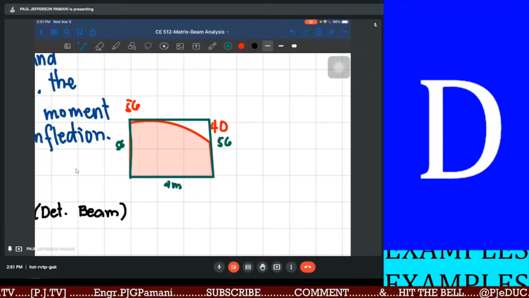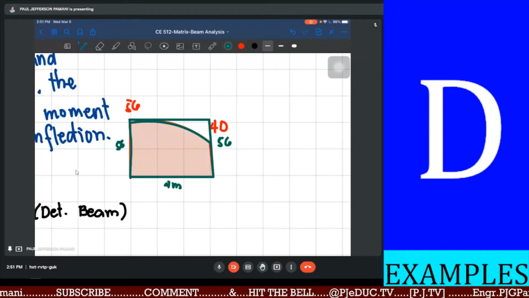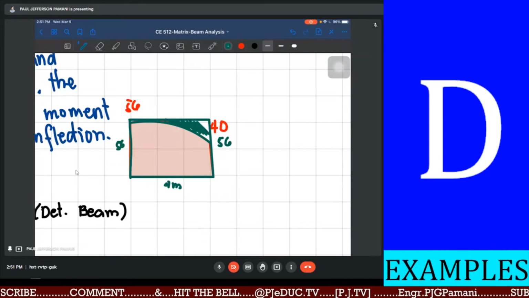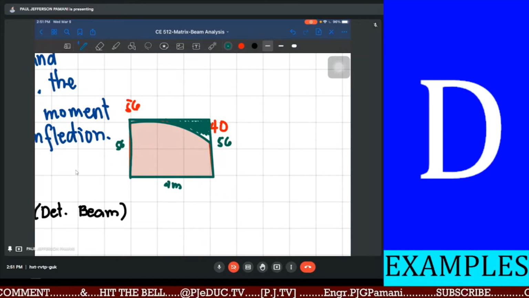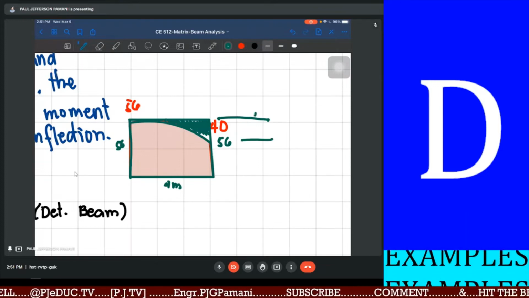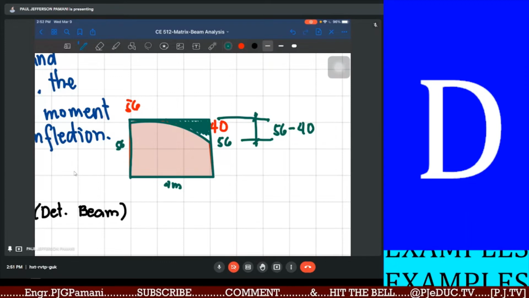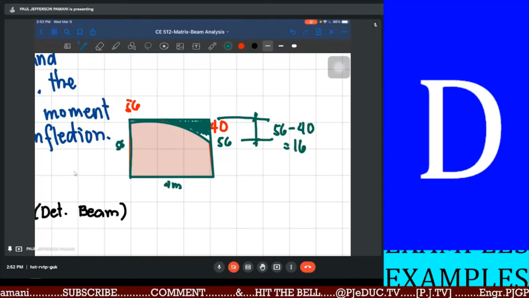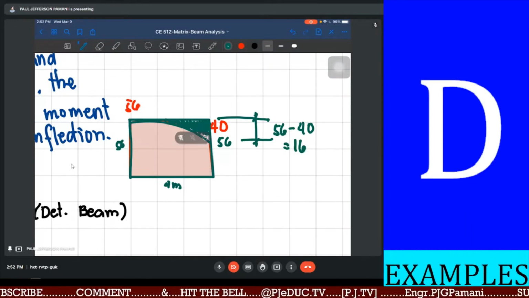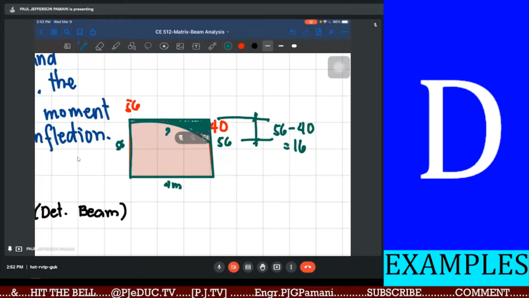We will then have this section as a spandrel, no? So, ano yung difference ng section na yan? That is 56 minus 40 or simply 16. So, how do we compute area of a spandrel? This is in the second degree curve.